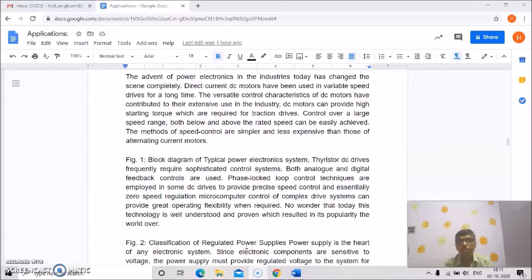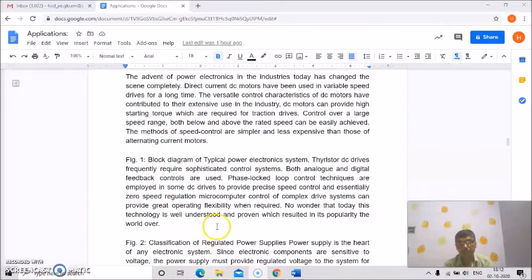Phase locked loop control techniques are employed in some DC drives to provide speed control and essentially zero speed regulation. Microcomputer control of complex drive systems can provide great operating flexibility when required. So it is no wonder that today this technology is well understood and proven, which has resulted in its popularity the world over.